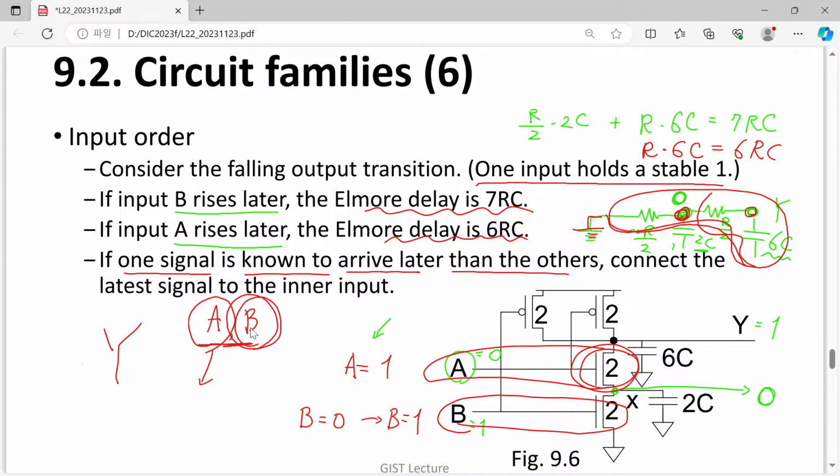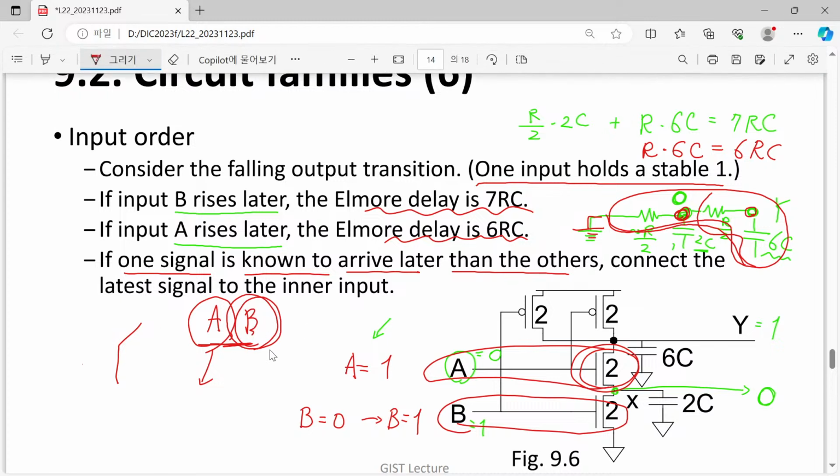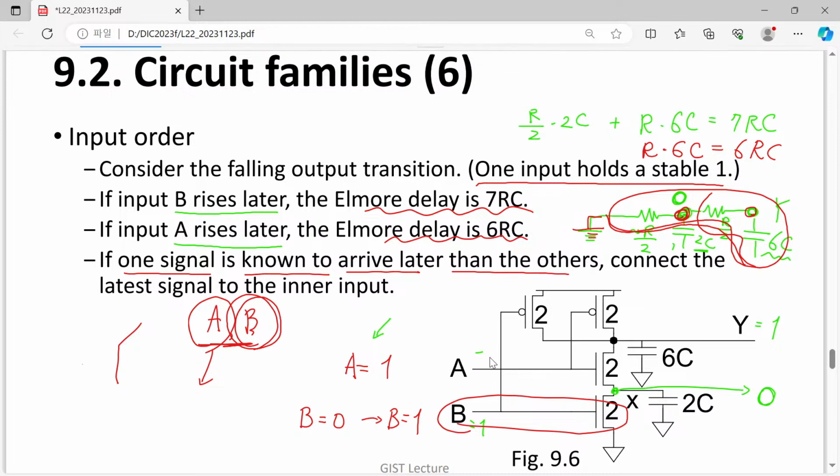So it is better to assign the faster path, or faster input, to the late signal. That is the thing we can think. So which one is beneficial? Certainly this A is the more preferred one for faster transition, the so-called inner input.